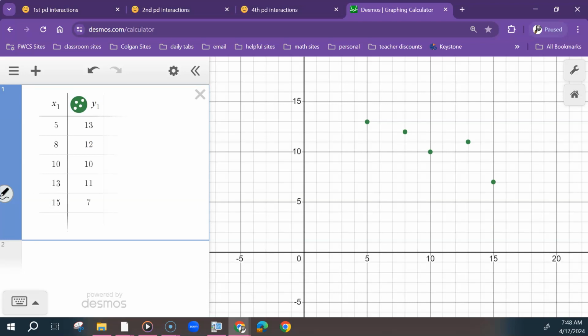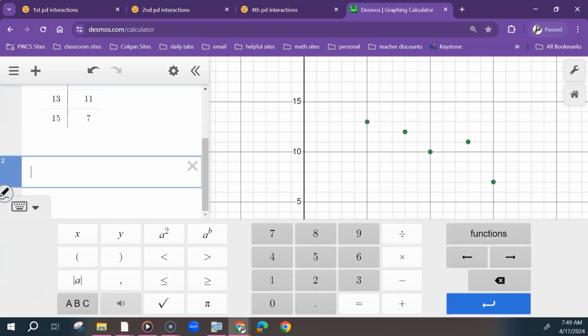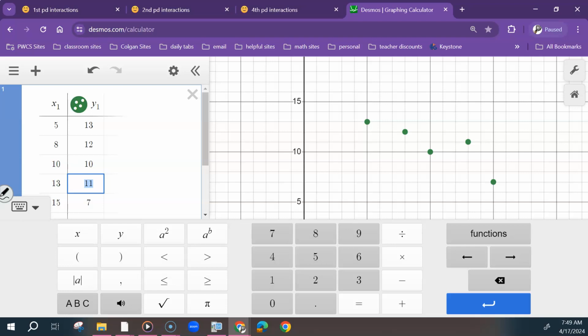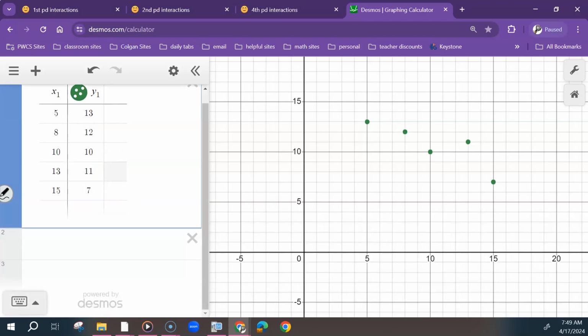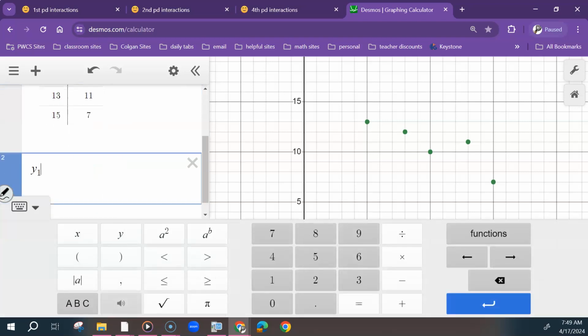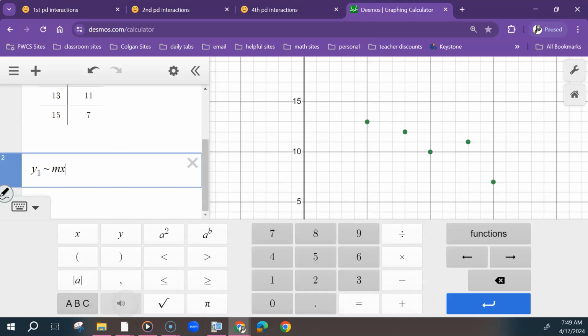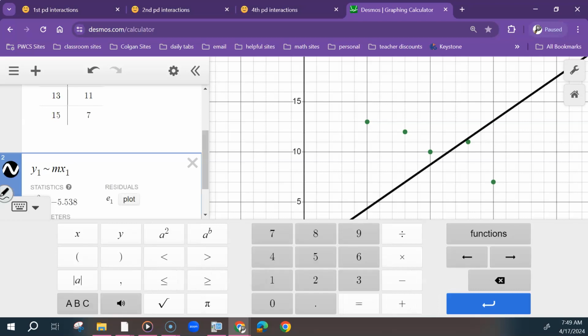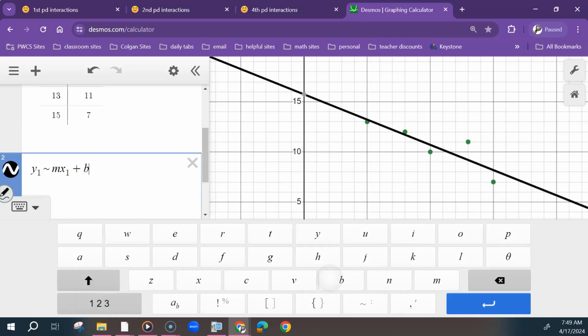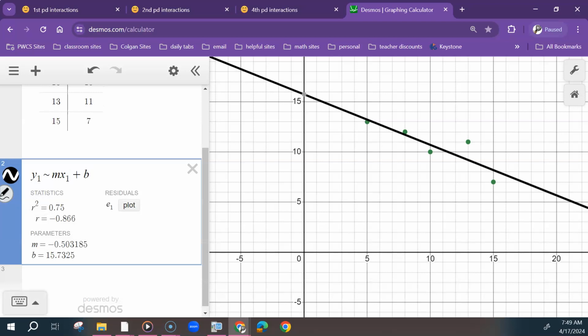And then if you found the line of best fit, you're using your x1, y1. You say y1, squiggly line, the tilde, mx1 plus b. And then use 3 decimal places, so y equals -0.503x plus 15.73.